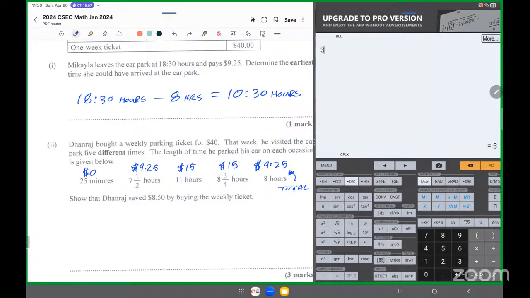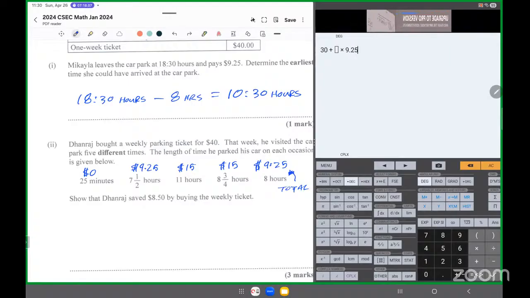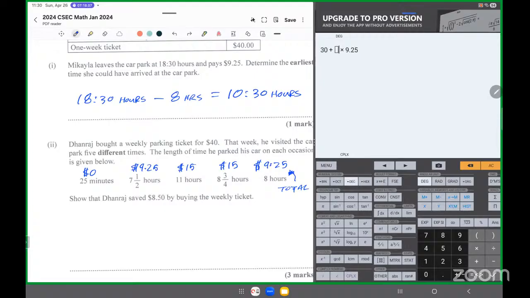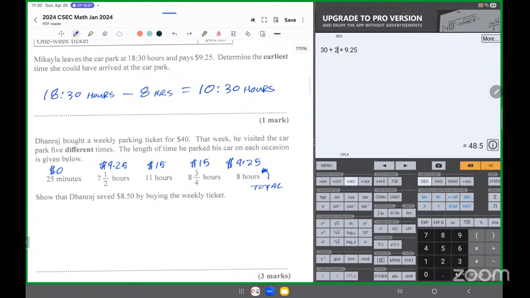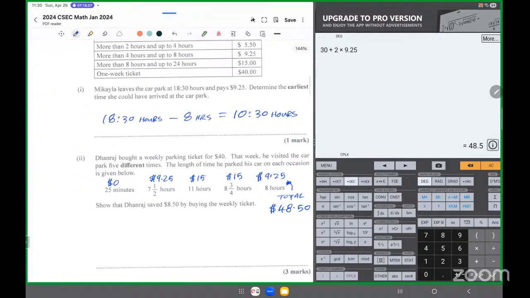So 2 times 15 is 30, plus 2 times 9.25. So you'll have spent $48.50. That would have been $48.50 if he was parking each time.